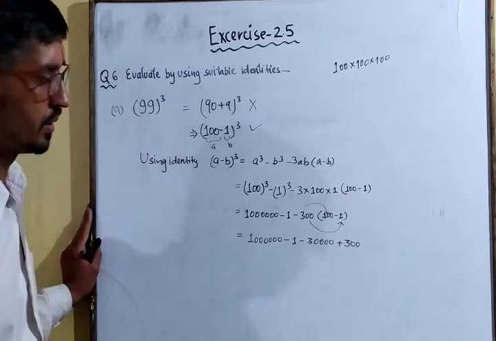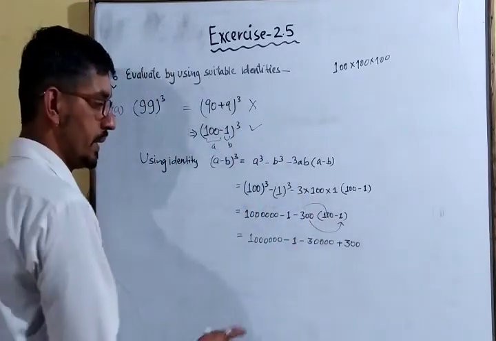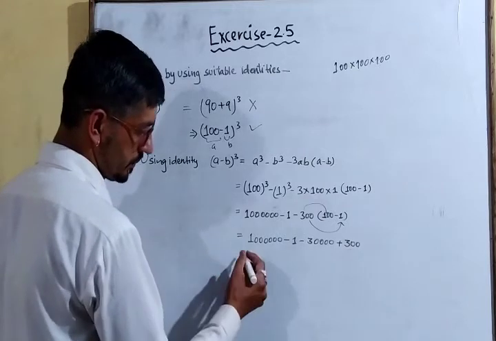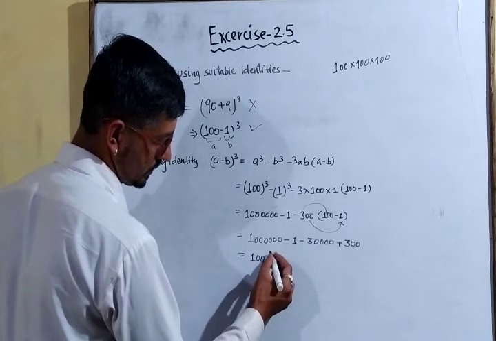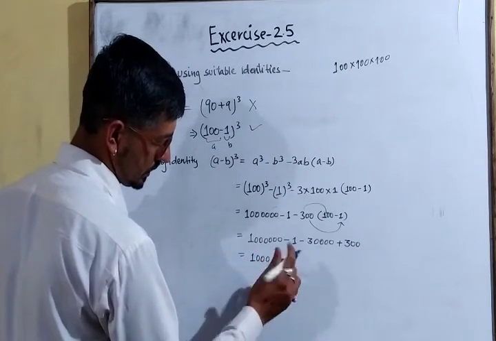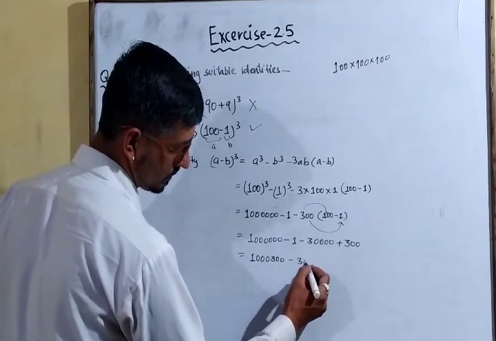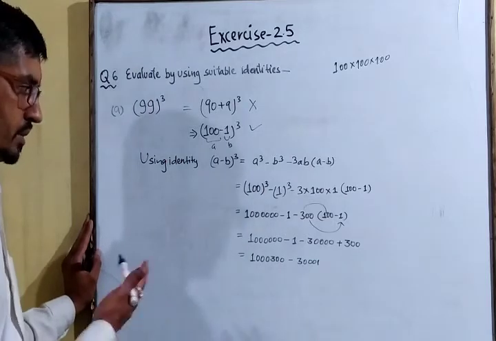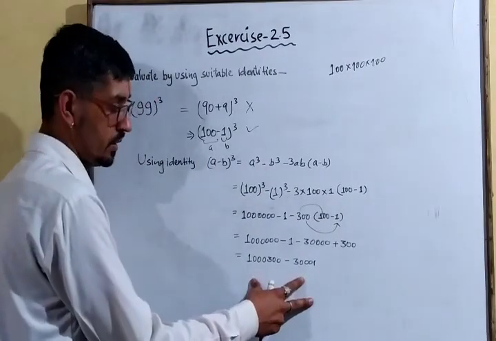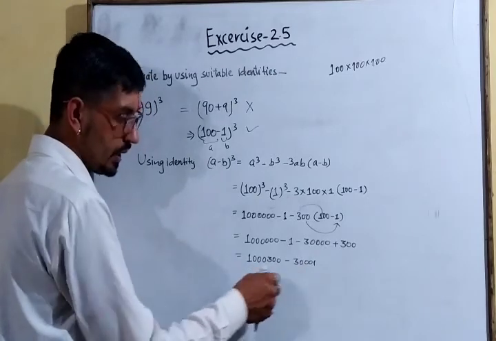Okay, and this minus will become plus. Okay, now at first add 1 and 300. Now we can subtract, we have to subtract this by this.